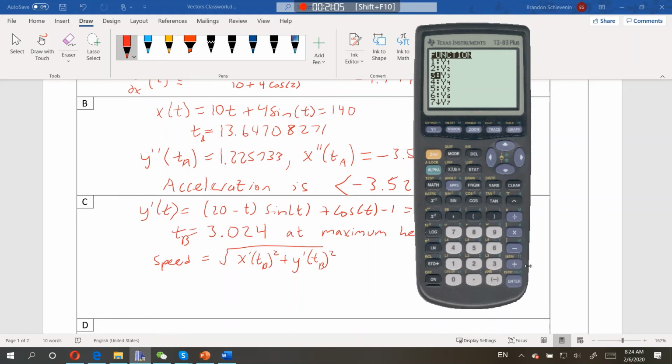Here, x3 is x prime at our time, and square that, plus variables, y variables function, y4 is y prime at our time, and square that. I need one more parenthesis there. Okay, gives us our answer. So our speed is 6.028.